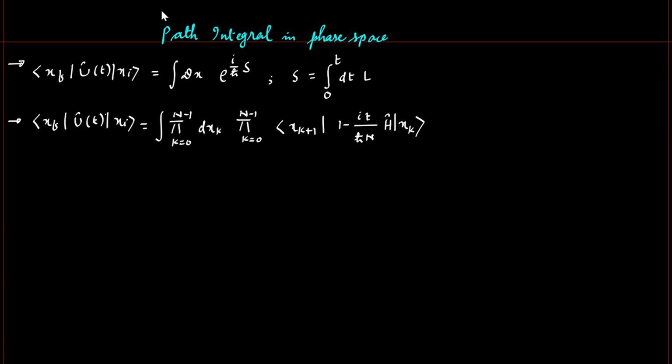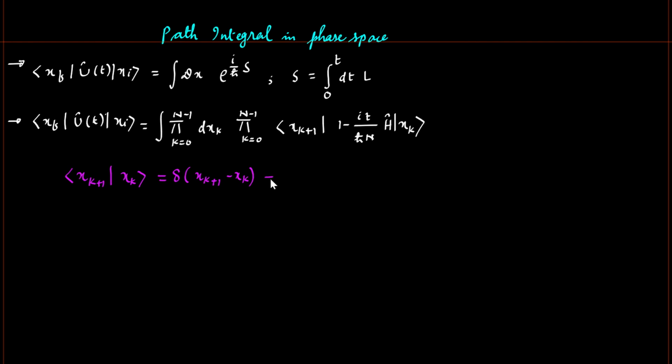For the first term, we will have ⟨x_{k+1}|x_k⟩, which is nothing but the Dirac delta function, delta of x_{k+1} minus x_k.